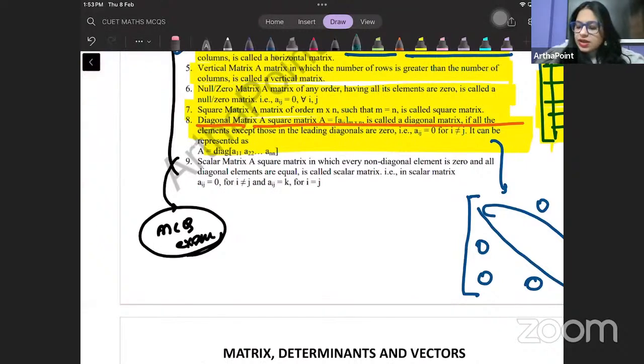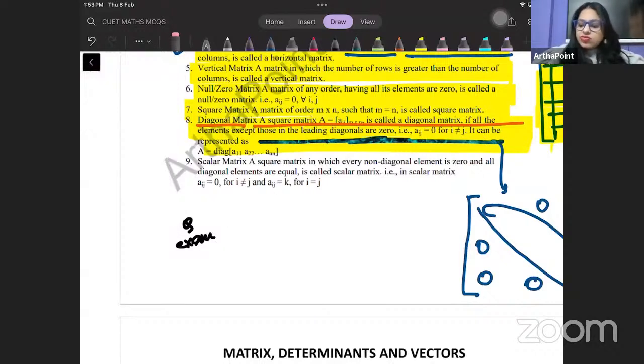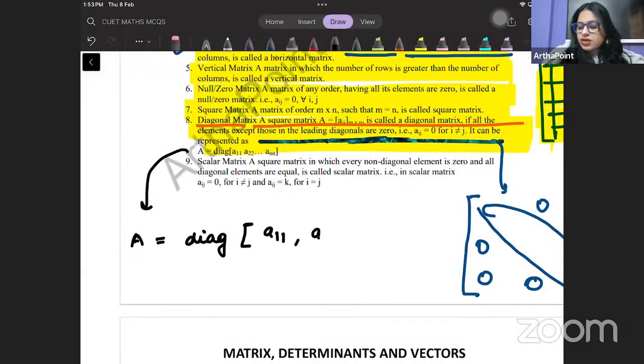So this is what we have written here. Except in the leading diagonal, every element is 0, then we can say that it is a diagonal matrix. Sometimes we write a diagonal matrix like this also: A is a diagonal matrix and it has these elements A11, A22 till Ann.